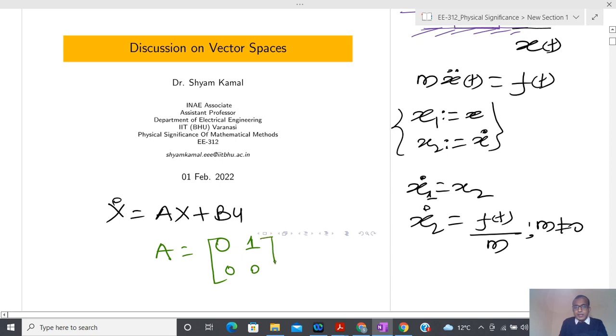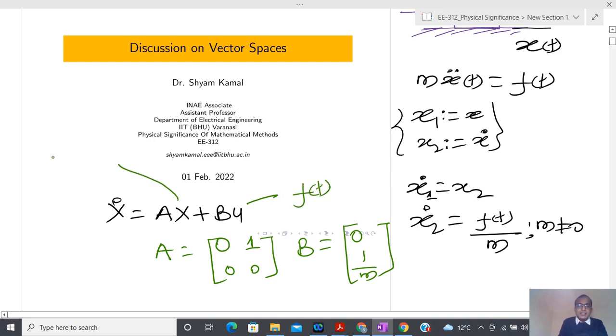Here B, I am going to assume, is nothing but [0; 1/m], and I am assuming u as F(t), and here this x I am going to represent as x1 and x2. Does anyone have confusion on this particular mathematical model or state space representation?